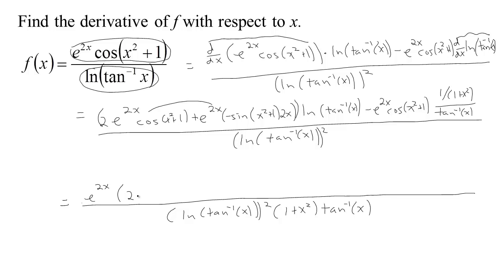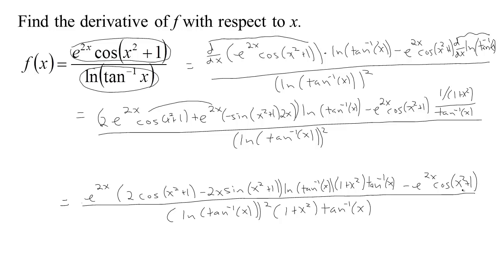Here I have 2 times the cosine of x squared plus 1 minus 2x times the sine of x squared plus 1, times the natural log of the arctan of x times 1 plus x squared times the arctan of x, minus, now here when I multiply this by 1 plus x squared and by arctan, it cancels that fraction. So all we have left here is e to the 2x times the cosine of x squared plus 1. Now I've got rid of the complex fractions.